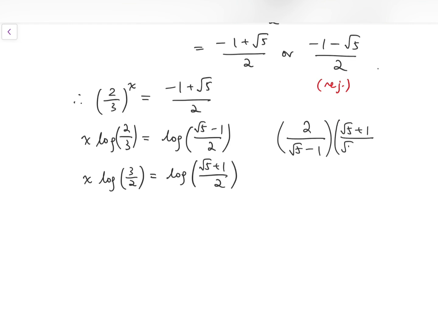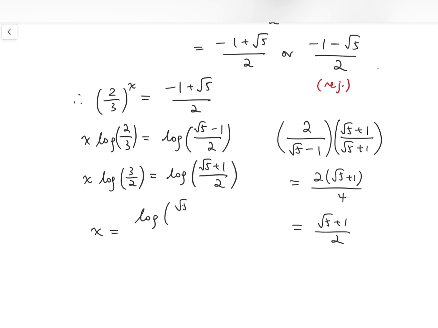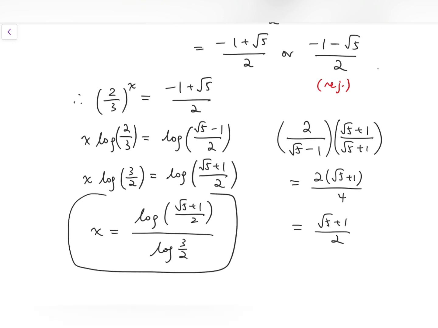Then I'm going to multiply by root 5 plus 1 over root 5 plus 1. And there you go. And so finally, x is equal to the quotient of these two logarithms. And this is our final answer.